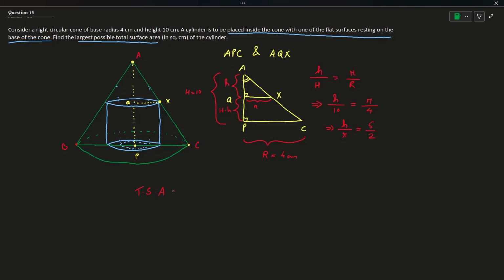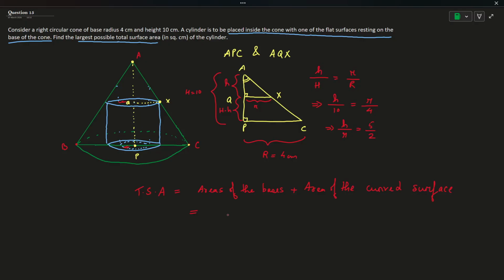Now, guys, what is the total surface area? Total surface area of the cylinder is basically the areas of the bases, right? Why am I writing bases? I have a bottom base here and I have a top base, plus area of the curved surface.